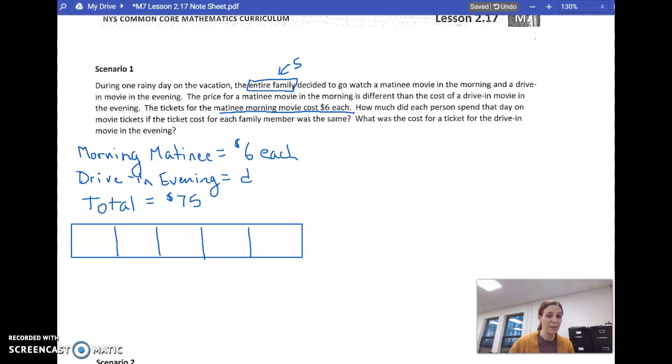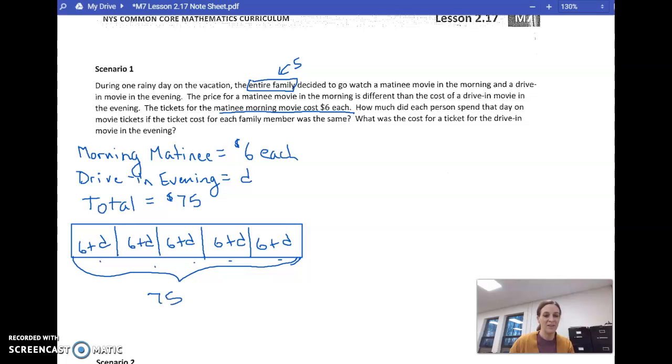Well, he spent $6 plus whatever the cost of a drive-in ticket was. Now, Egg, how much did she spend? Well, $6 plus whatever the drive-in movie costs. Louis, $6 plus whatever the ticket for the drive-in costs. Kind of get the idea here, right? See how we're doing it over and over. Okay, 5 times. 1, 2, 3, 4, 5. And altogether, that's going to cost us $75.